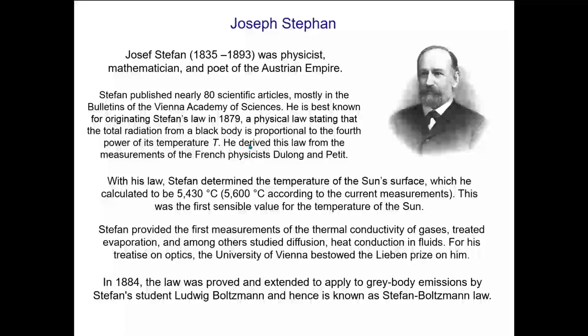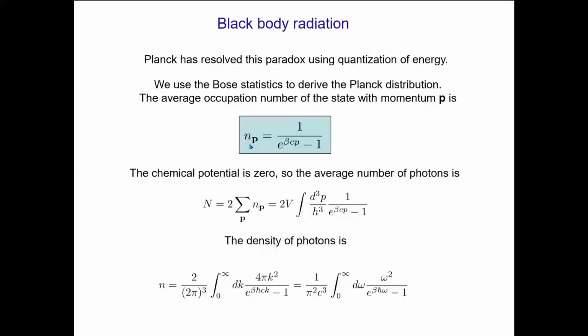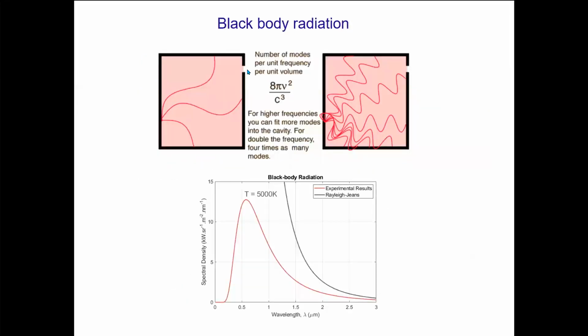So how can you measure this radiation? Normally you make a hole in the black body cavity, and then there will be radiation emission from the hole in all different directions.